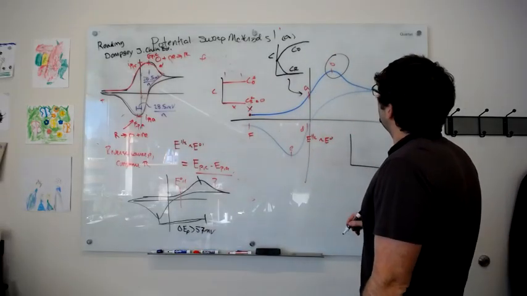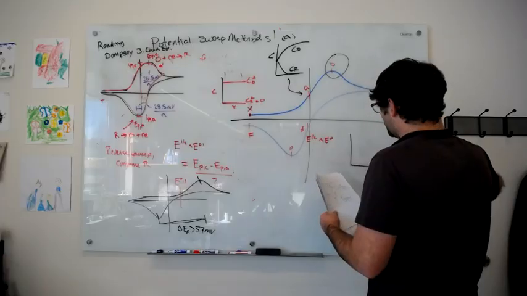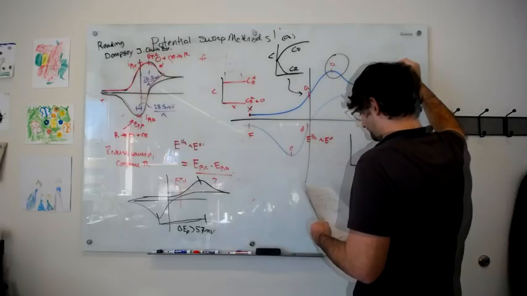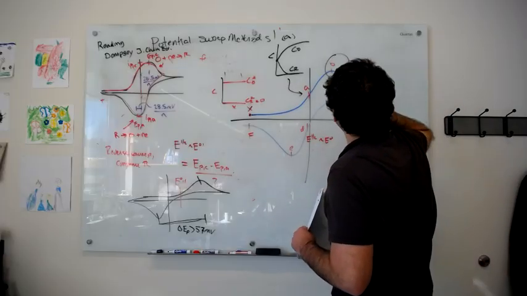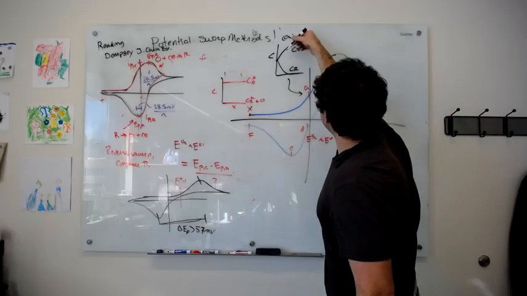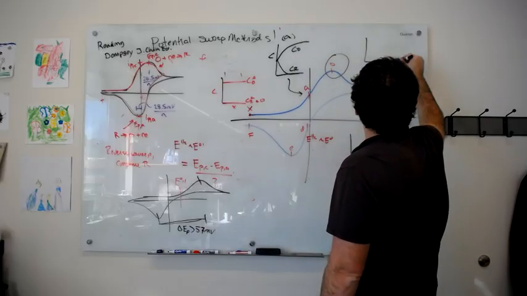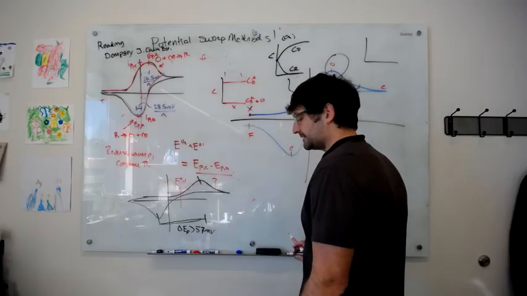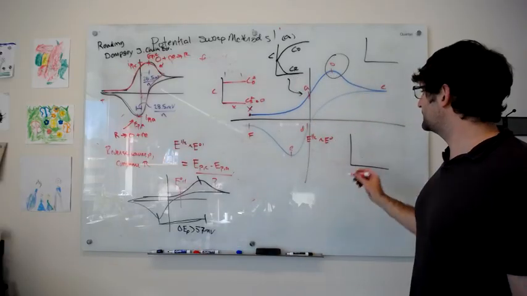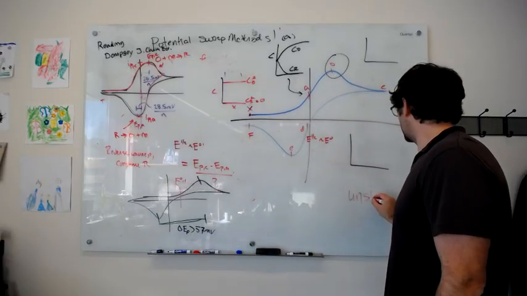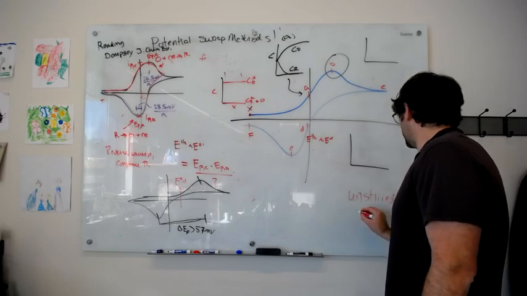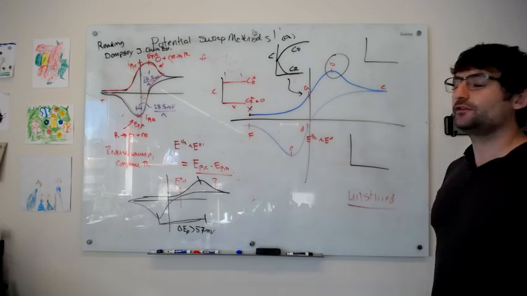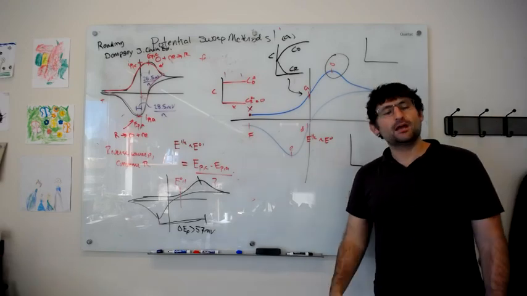Well, at the peak potential, what we've done is we have maximized the gradient in O. If you remember from our previous studies on the stirred system, this is unstirred, remember? We're still doing unstirred voltammetry. So this is purely diffusion controlled, no convection.